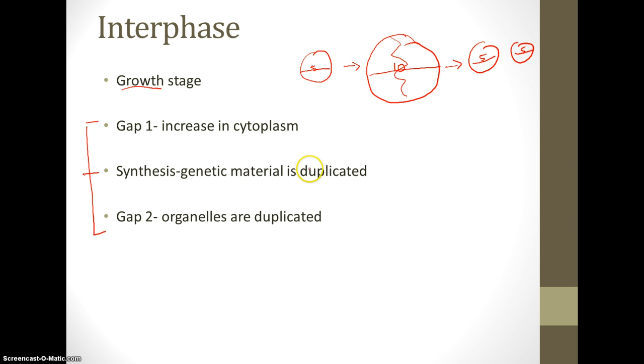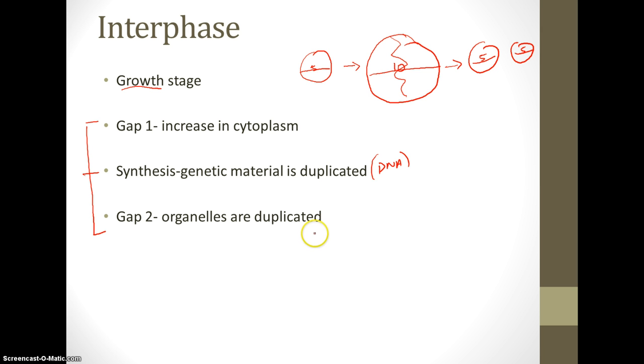Then we have synthesis, where genetic material is duplicated. This is where DNA is replicated so that both cells have the same DNA material. They're exactly alike. Gap 2 is the final stage of interphase, and this is where organelles are duplicated.